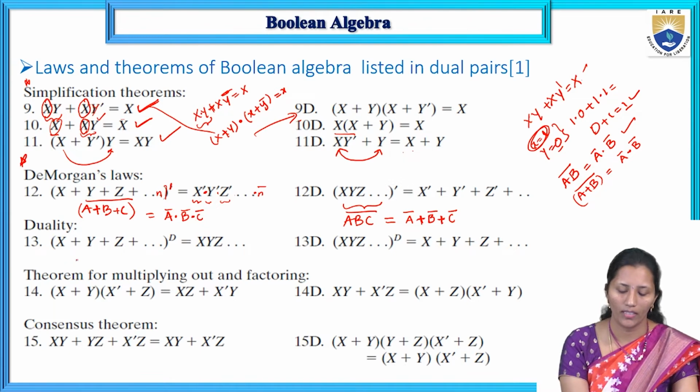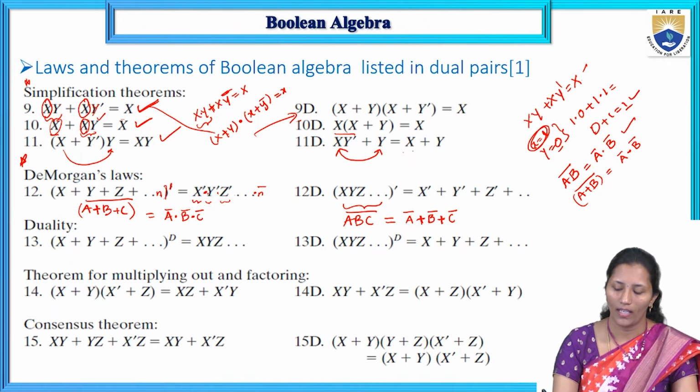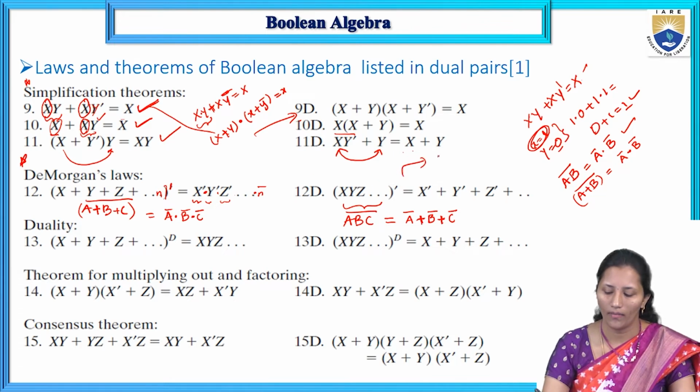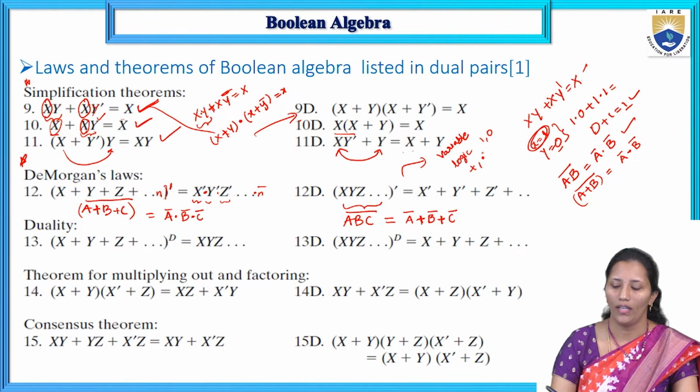And duality means, in De Morgan's law, already we discussed, normally in the equation we have variables, logical values, that is logic 1 and logic 0, and binary operators plus or dot, or complementing. Okay, plus or dot.